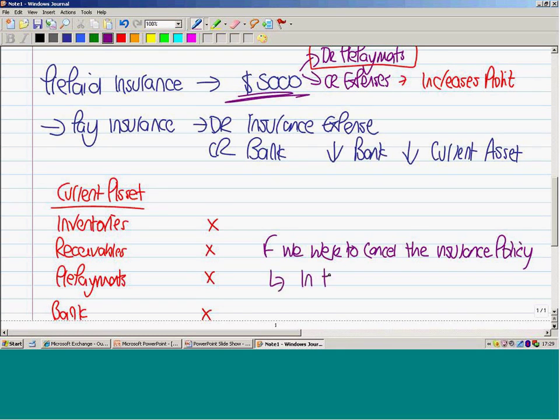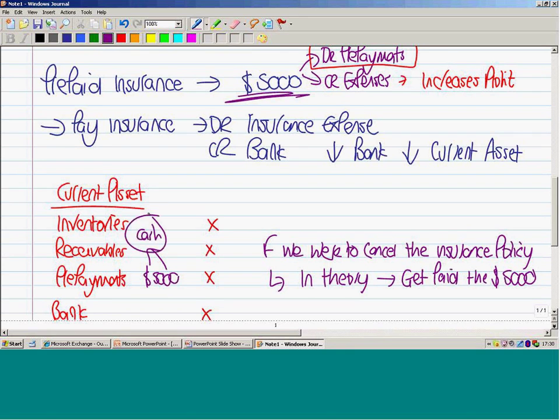And that's the in theory bit, because you know what people are like when we have to pay things back. We don't like to. So in theory, we should receive the money. What we're doing is once again saying that this $5,000 is effectively, in a roundabout way, cash. And what we know is cash is a current asset.